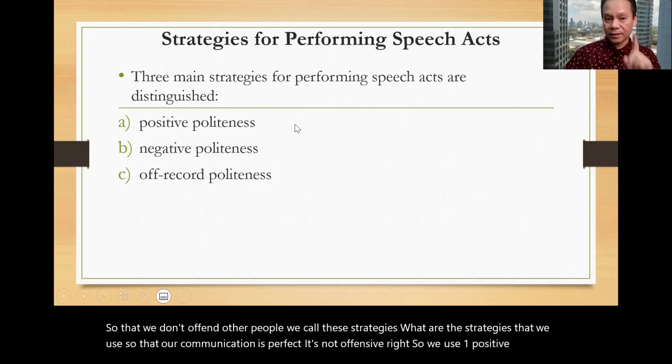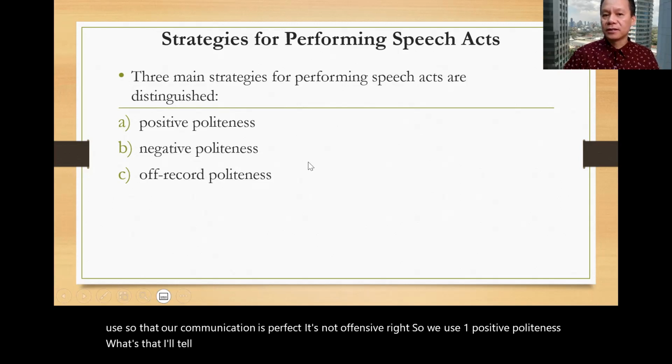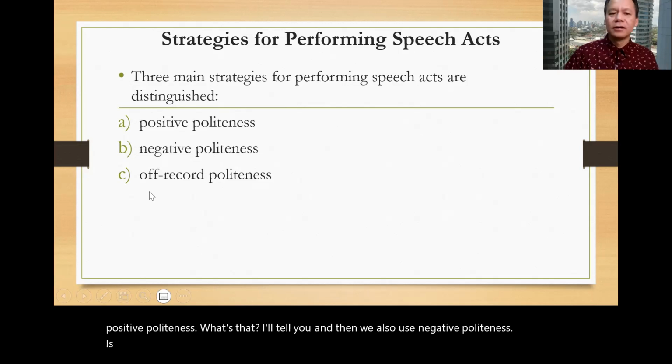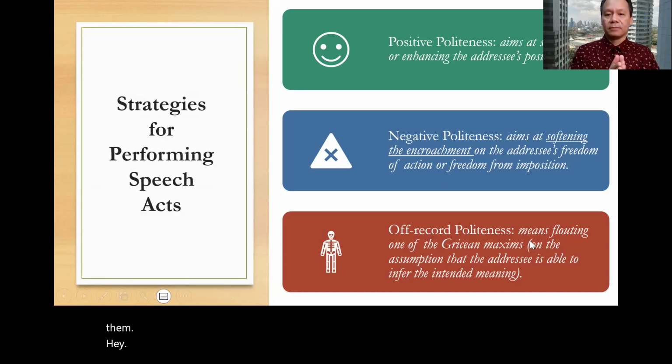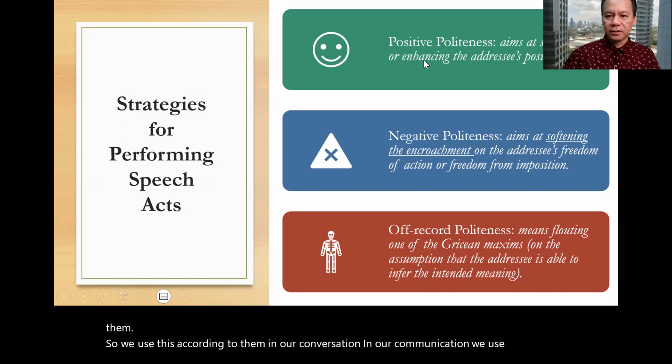What's that? I'll tell you. And then we also use negative politeness. Is that negative, negative? No. And off-record politeness. Okay. What's the difference? Let's compare them. According to them, in our communication, we use those three. What is positive politeness?